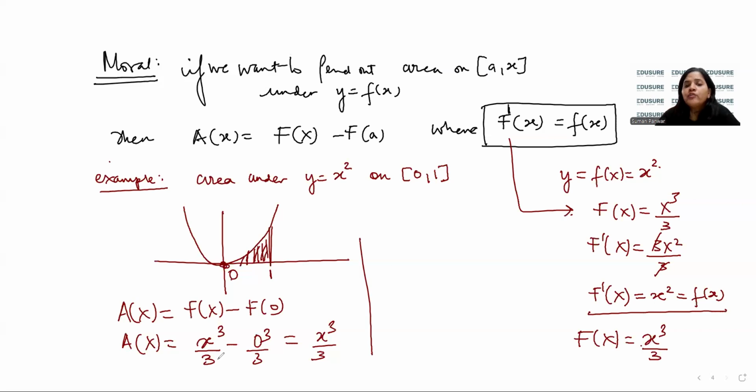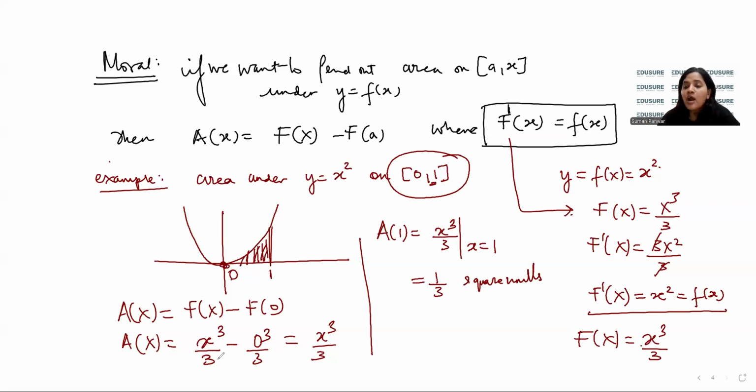Now we want to find out the area on the closed and bounded interval 0, 1. So that means my x is 1. So A(1) would be x cubed by 3 and now you put x equals 1. So 1 by 3 square units.